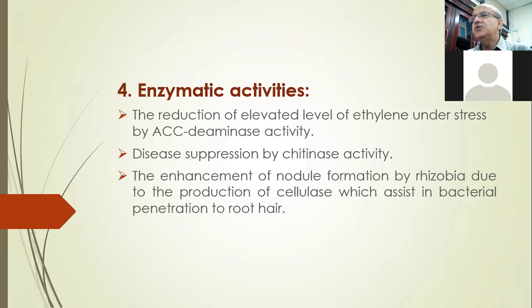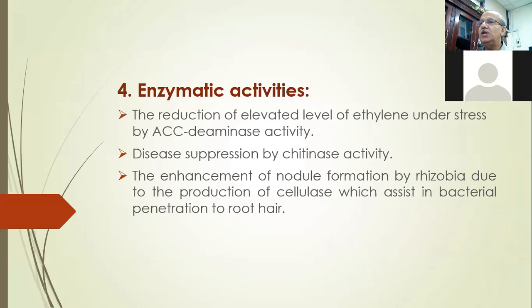The enhancement of nodule formation by rhizobia is due to the production of cellulase, which assists in bacterial penetration to root hair. The cell wall of the root hair is made up of cellulose. So some bacteria, particularly these rhizobia, produce cellulase enzyme.